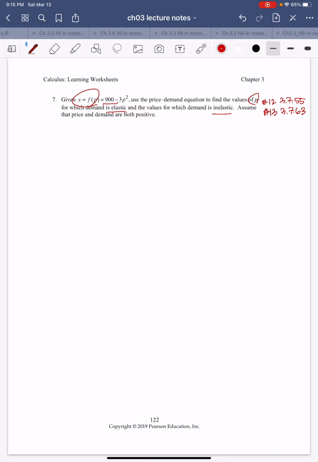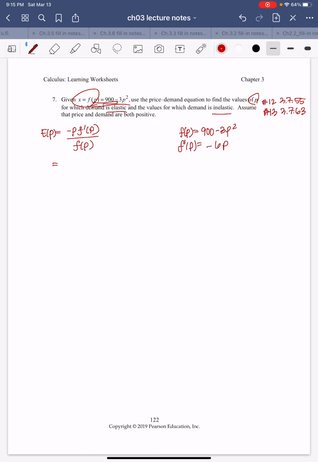Okay, so let's first find the elasticity function. E sub p is equal to negative p f prime of p divided by f of p. F of p is given as 900 minus 3p squared. So f prime of p: the constant gives 0, and we get negative 6p. So plug it into the formula.